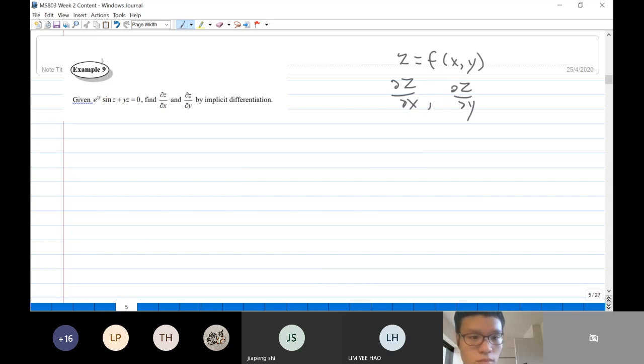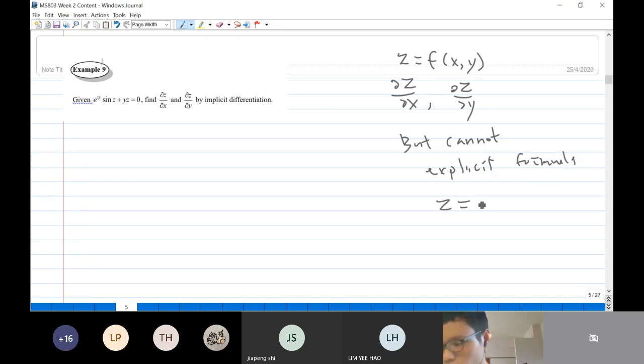But in this example 9, why can we not do this now? Because we cannot find an explicit formula for z, z equal to f of x and y, where z depends on x and y only.